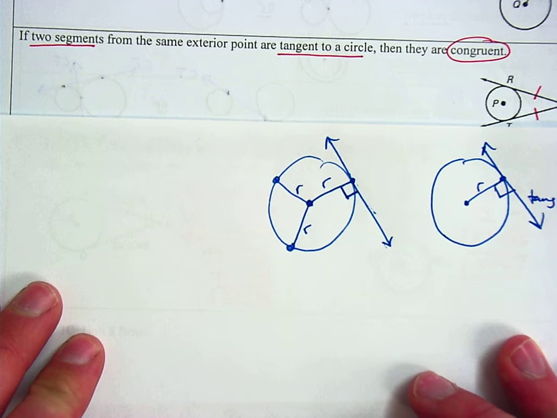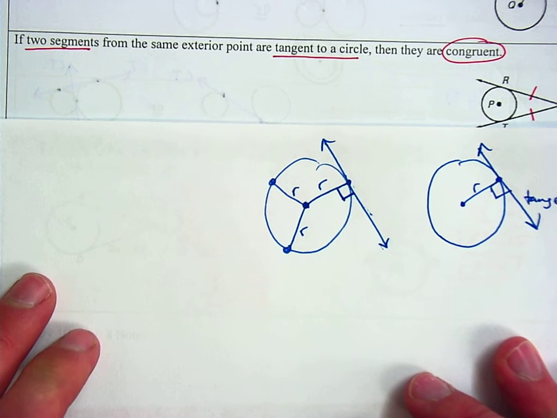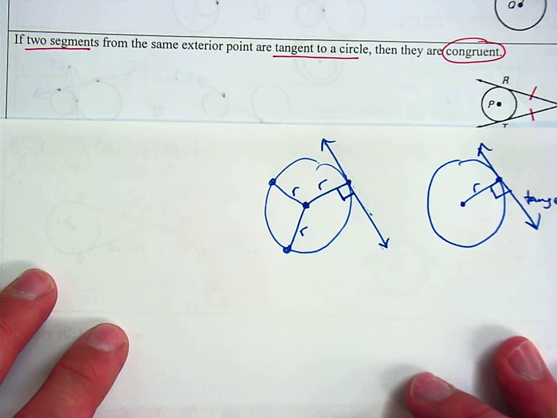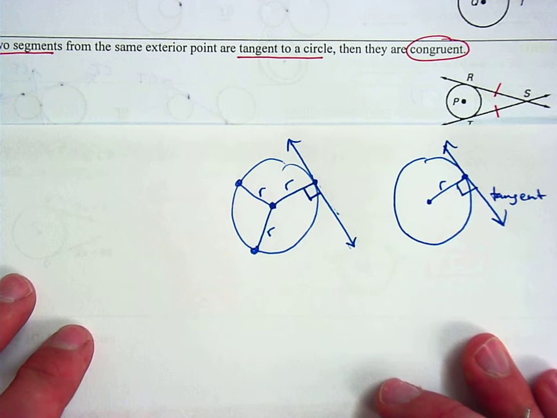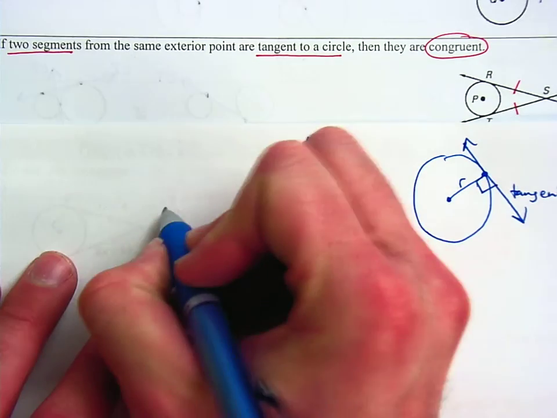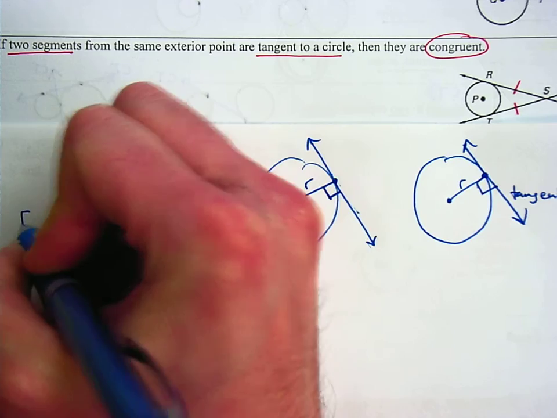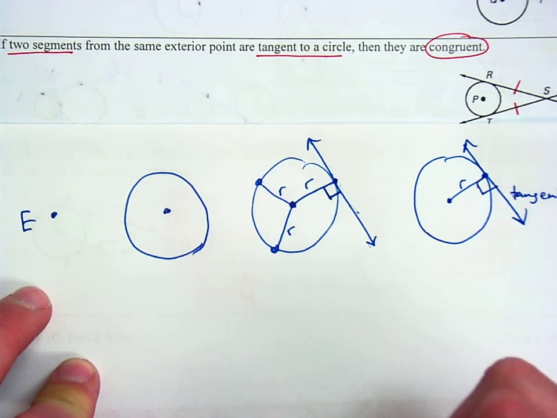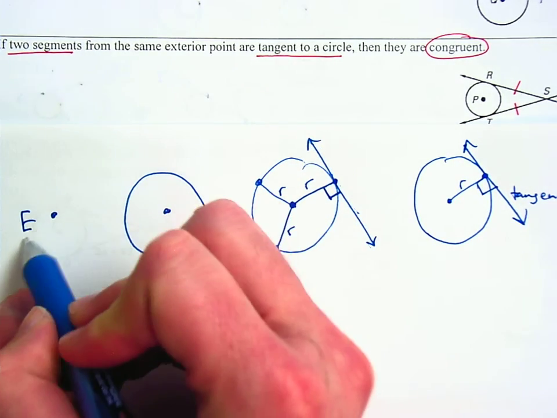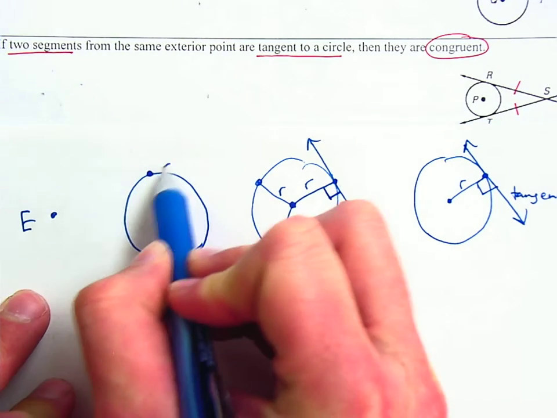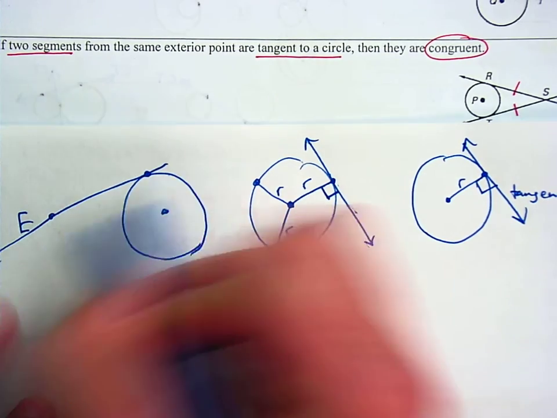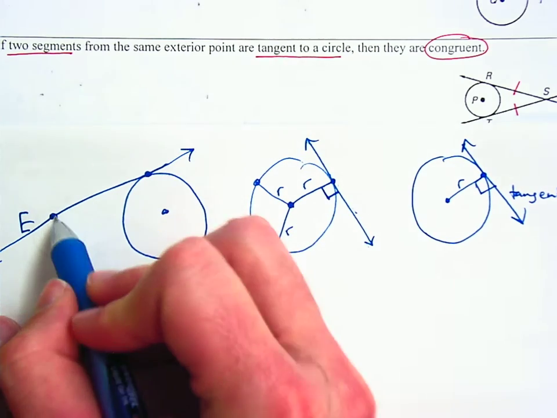Okay. And then last but not least, if two segments from the same exterior point are tangent to a circle, then they are congruent. They are congruent. So here's that interesting picture in your notes, right? And basically what we're saying is, remember the exterior of a circle is outside. So we have this point that's exterior. Well, if from this point two lines, like these two lines, are both tangent to a circle, right?